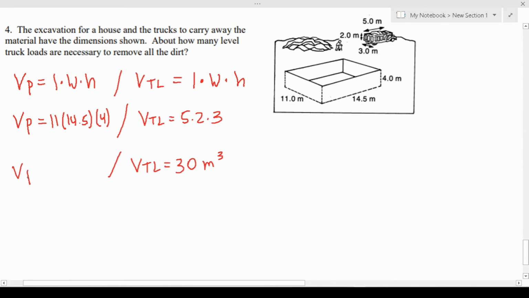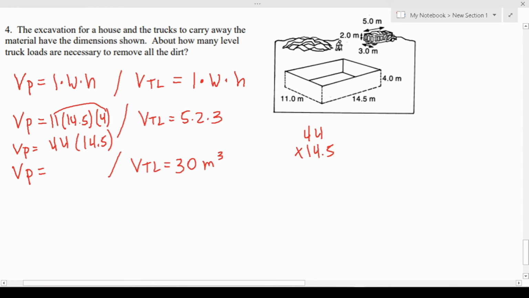Now let's work this out. Again, the volume of the pit, that's going to be 11 times 4, which is 44. In case that's not obvious, let me add another line here. I did 11 times 4, which is 44, which leaves me with 44 times 14.5.